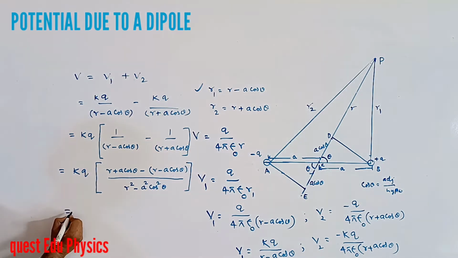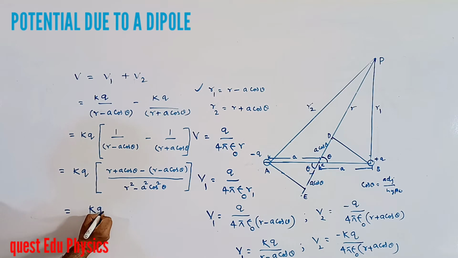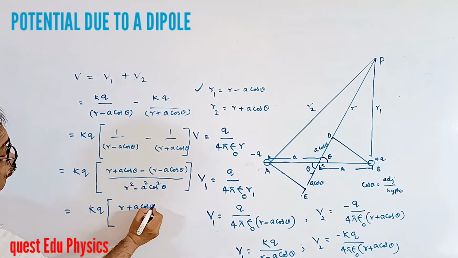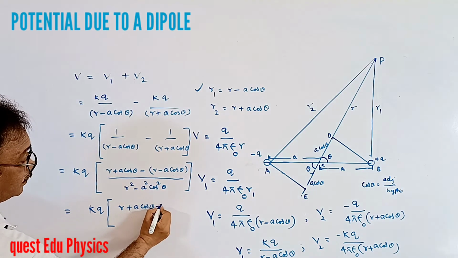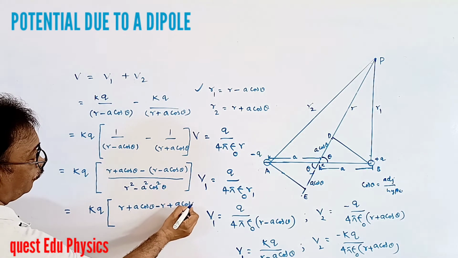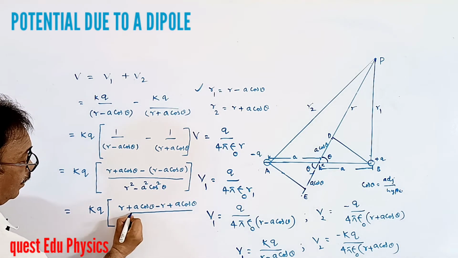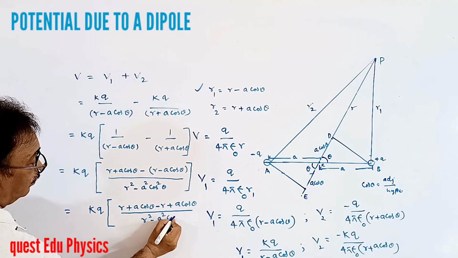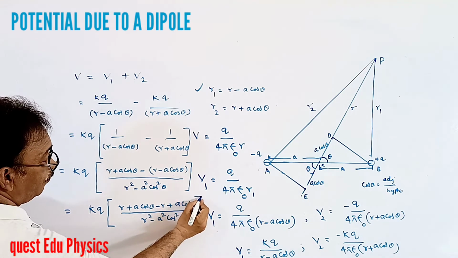Okay, further it can be written as KQ of R plus A cos theta minus R plus A cos theta by R squared minus A squared cos squared theta.